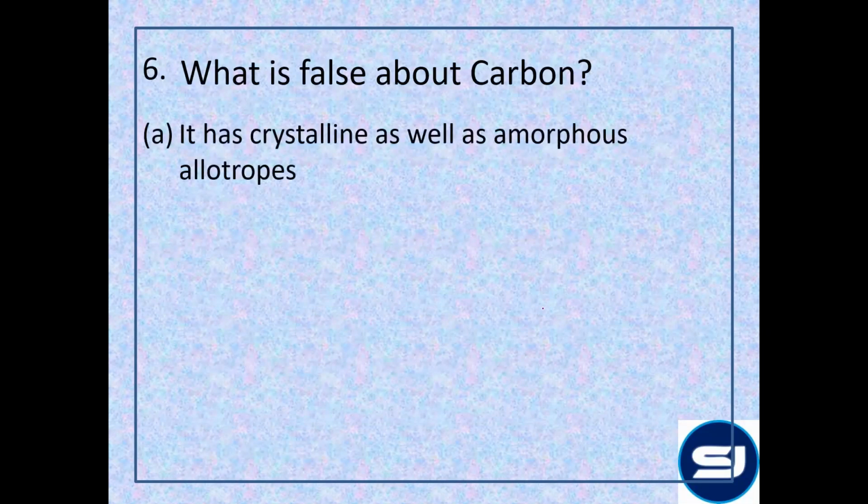This falls about carbon. It has crystalline as well as amorphous allotropes. Graphite, fullerene, and diamond. These are all crystalline allotropes. Amorphous mein, what are the examples?